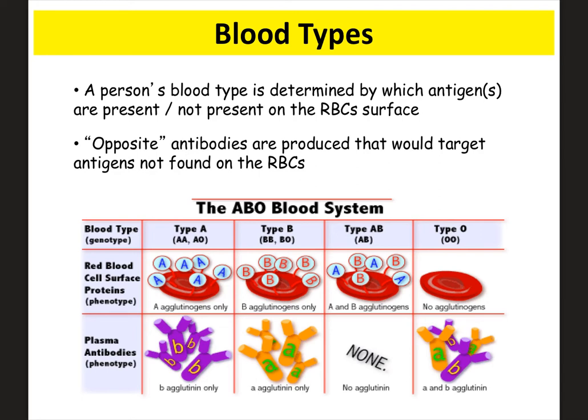If an A or B type blood entered your body, you're going to essentially be attacking it because you produce both A and B antibodies. So you have to think about it in terms of whatever type you are, that's the antigens you see on the red blood cell, and you produce the opposite antibodies that would be looking to attack that specific antigen. So you really got to think about this here.